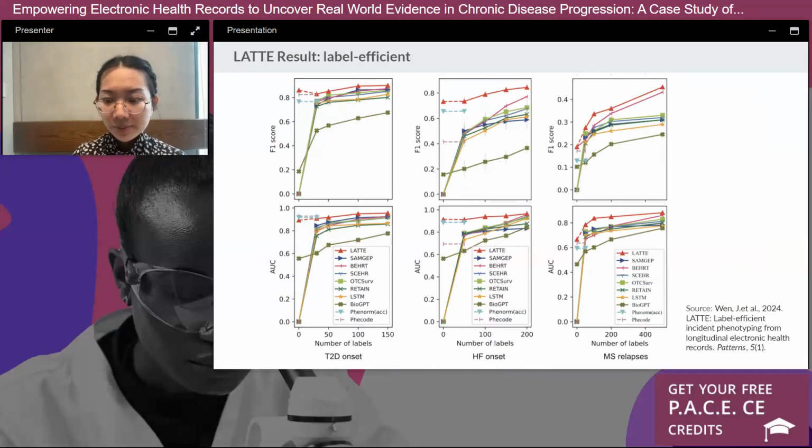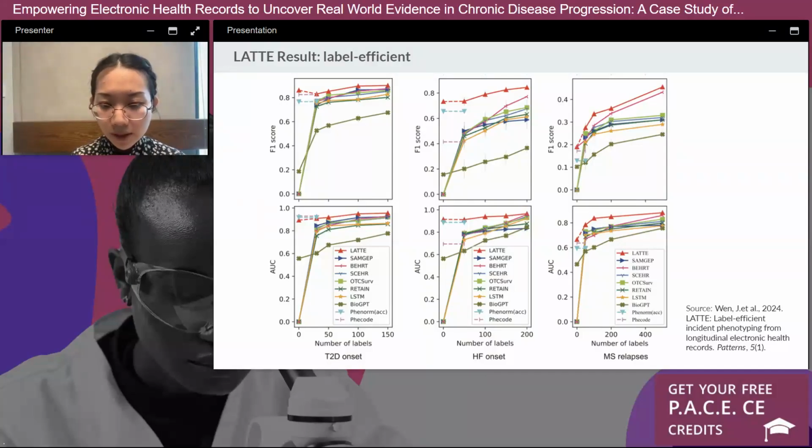Okay, so the paper has actually validated the usefulness of LATTE. We have three different outcomes of interest: type 2 diabetes onset, heart failure onset, and multiple sclerosis relapse. We have compared, so the LATTE method is the curve in red, while the comparison models were the other lines here.